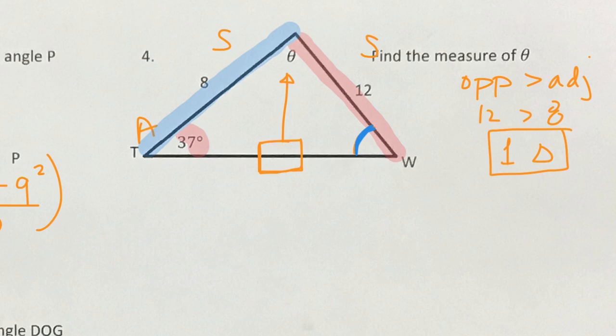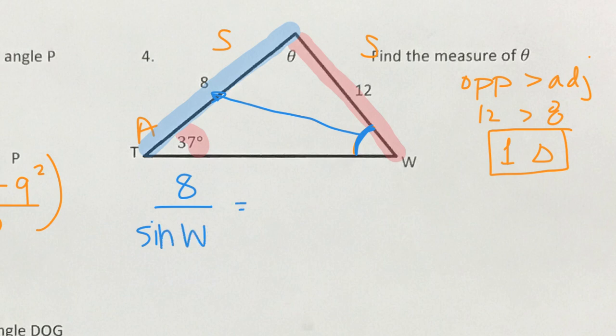So I'm going to use the law of sines, which means I don't need to find this side, but I'm going to calculate the measure of angle W first. W is across from 8, so 8 over the sine of W equals 12 over the sine of 37.